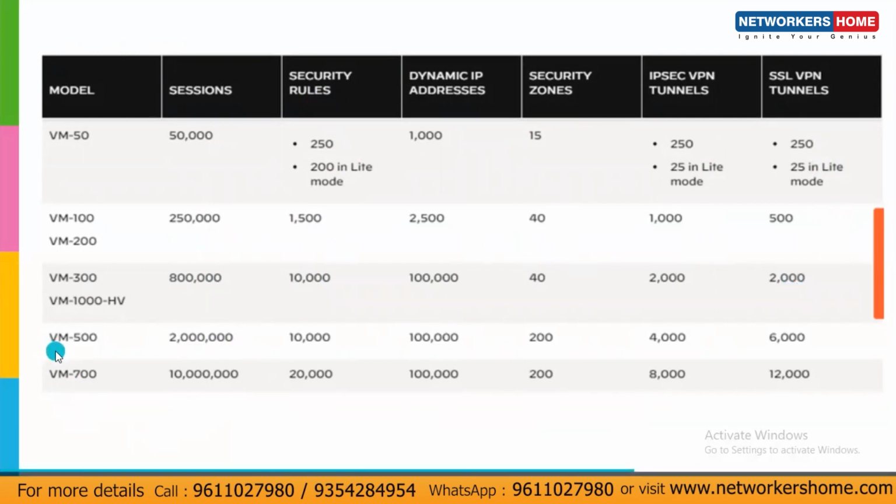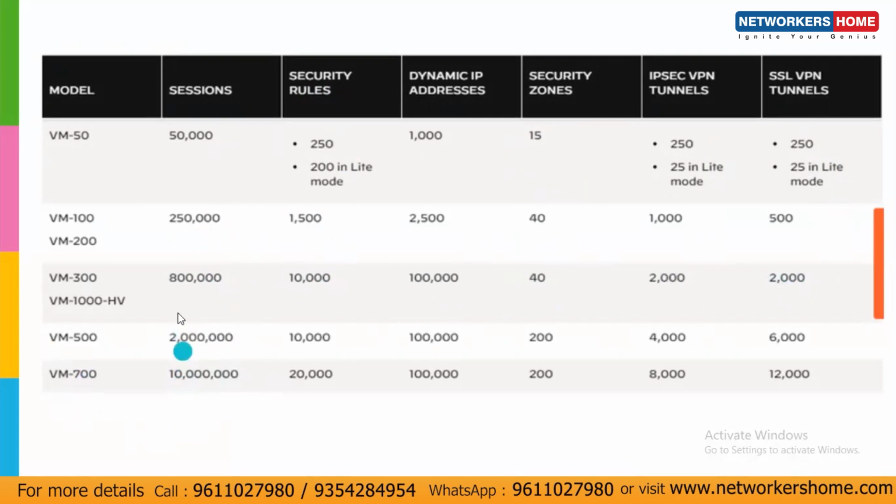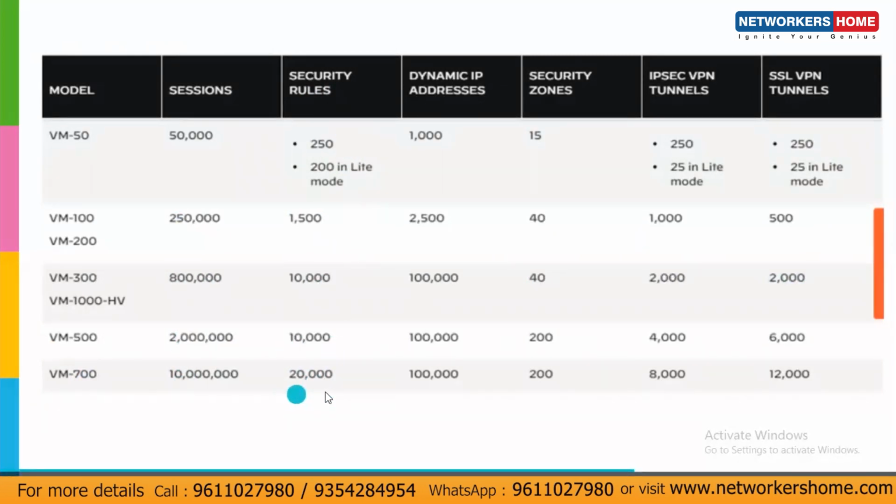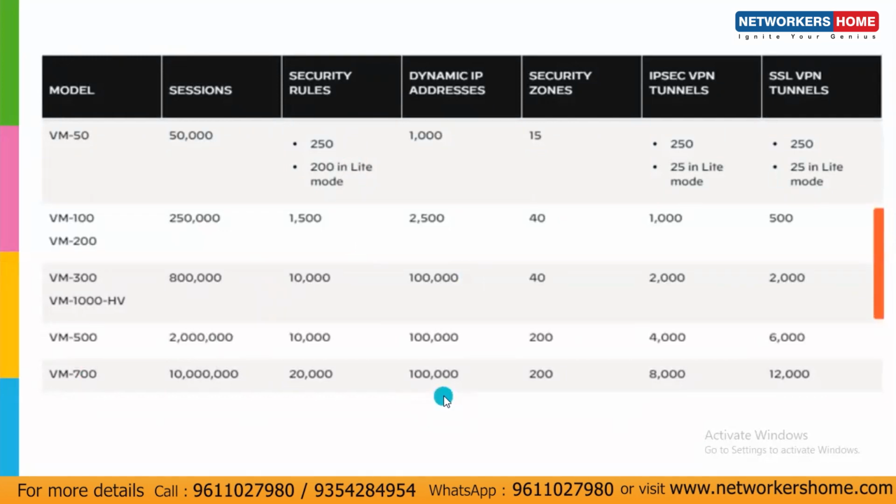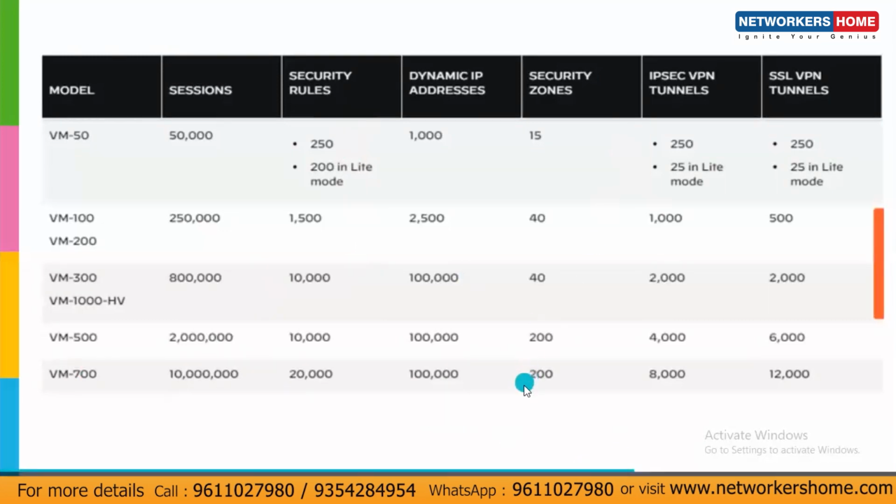Then you can see in the VM500 and VM700, there's a huge difference in the sessions at the same time. You can see the security rules also, 10,000 here. This is about 20,700. It's all about 1 lakh dynamic IP addresses, almost 1 lakh dynamic entries here. And 200 is about security zones.